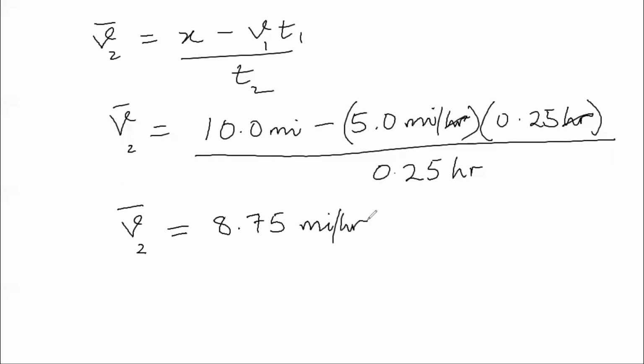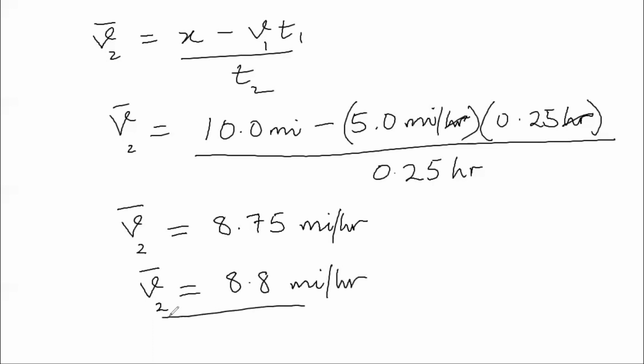All right, so you want to express this to the least number of significant figures. The least number of significant figures in this calculation, this one has the least significant figures, as well as this one. So you have to correct this to two significant figures. Then V2 will be nothing but 8.8 miles per hour.